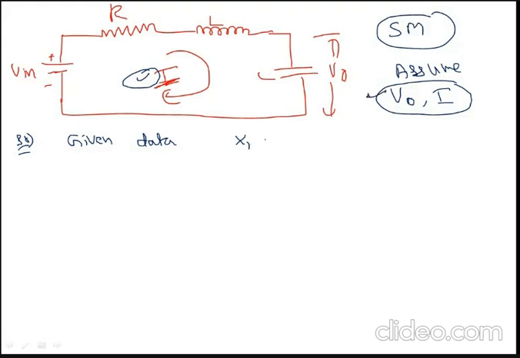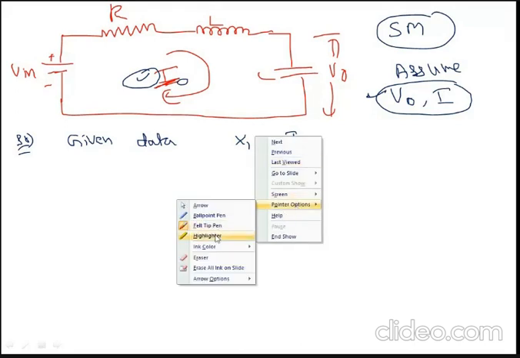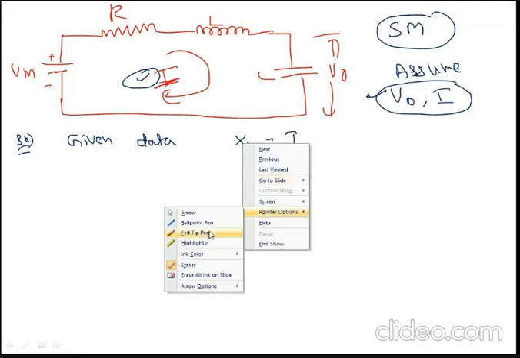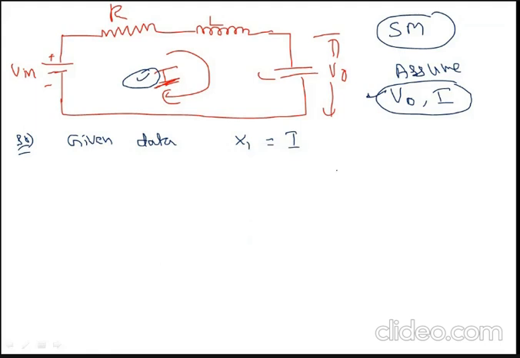So I am assuming the first variable as x1, which is equal to I. And next x2 is the second variable, which is equal to V naught.